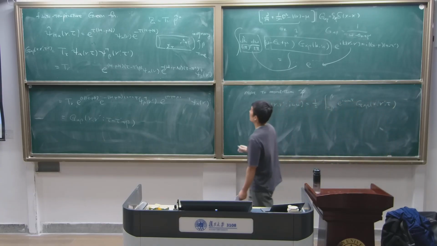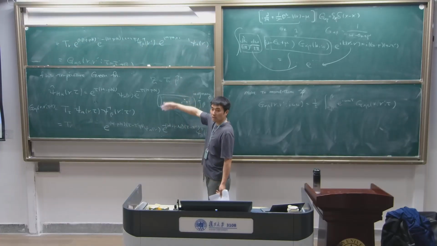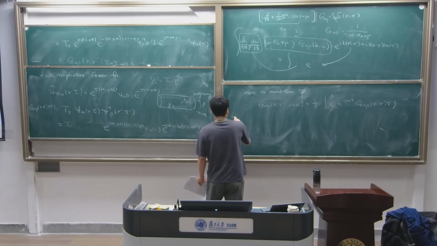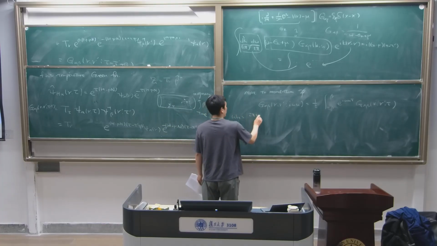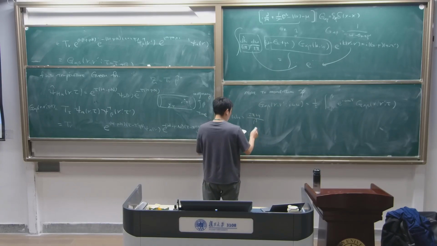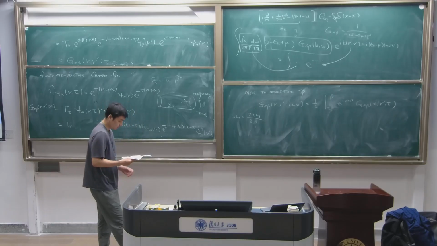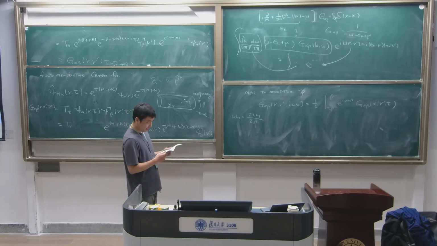Now omega n is discrete because the time circle is of finite length. So omega n has to be something like 2 pi n divided by the length. And I explained that n has to be odd for fermion and even for boson, which I'm going to explain from now.